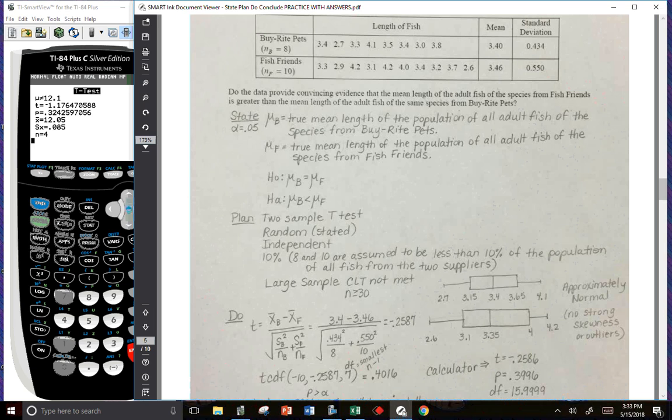Okay, watch. Are y'all with me? You go up to L1, you hit clear, you hit enter, and it clears out that list. Don't hit delete because it will literally delete the list. Clear enter, folks.